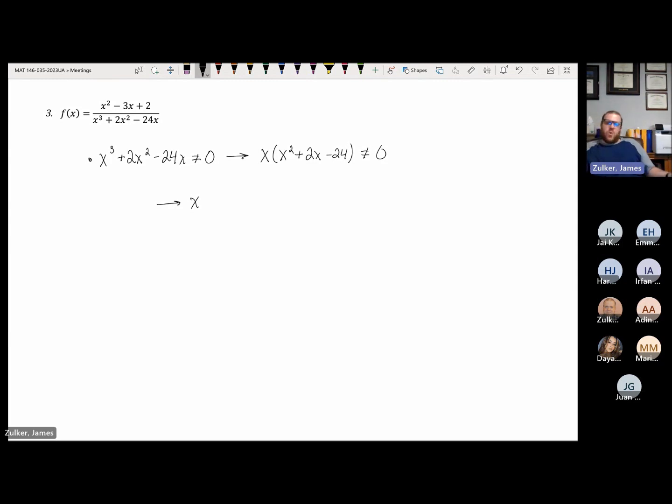If it can't be factored, then we'll have to use the quadratic equation. Can this be factored? It can. Right, that factors to x minus 4 times x plus 6.